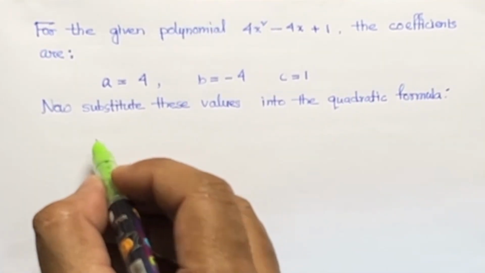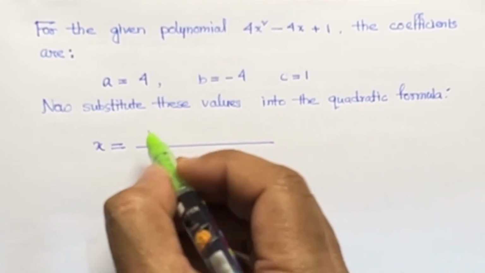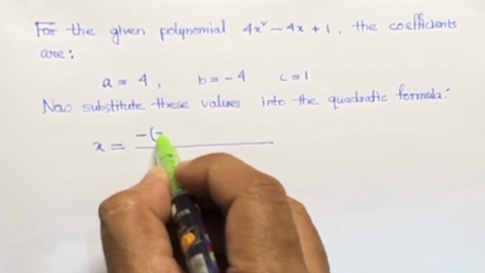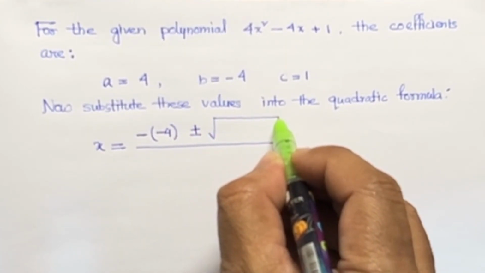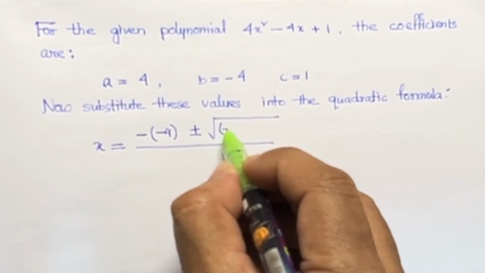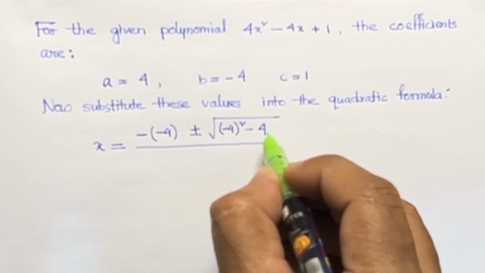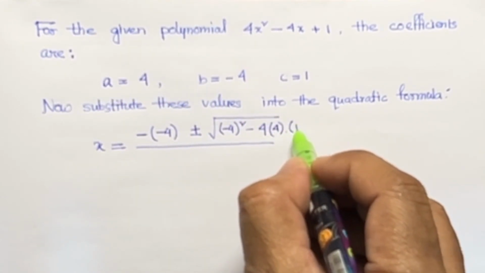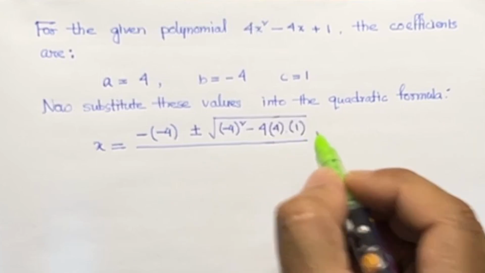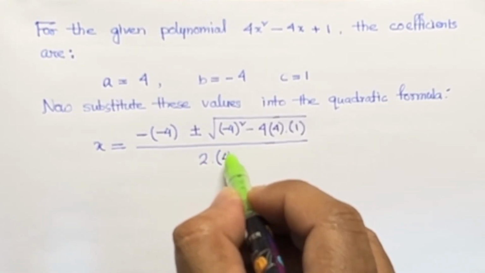We will get x equal to minus b means minus of minus 4, plus minus square root of b square, that means minus 4 square, minus 4a means 4 and c means 1, divided by 2a means 4 into 2.